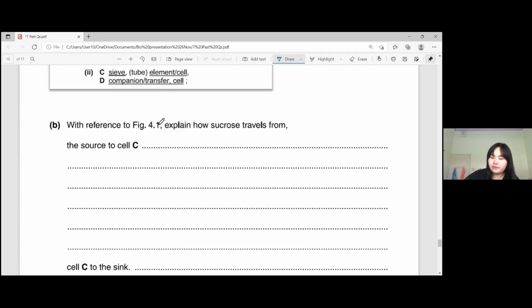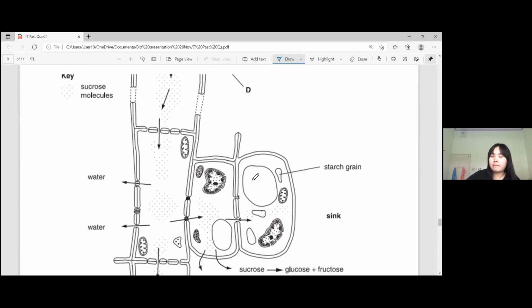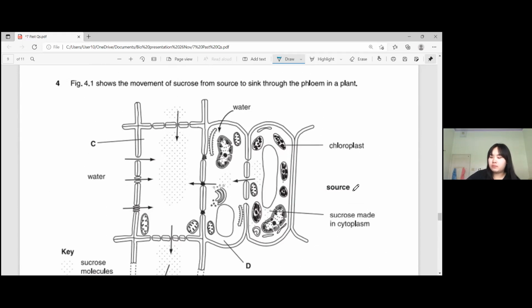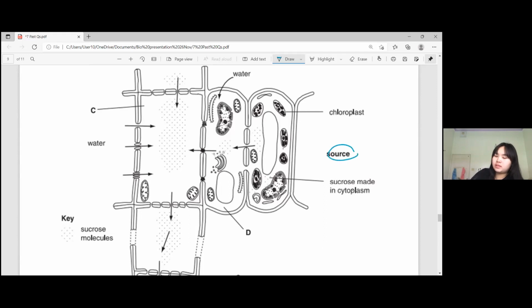With reference to figure 4.1, explain how sucrose travels from the source to cell C. So we go back to the diagram. Inside this diagram, there's actually an error that I have made sure with the teacher already.